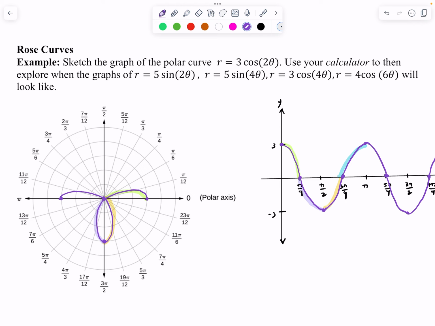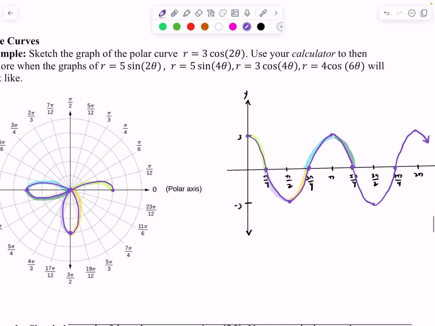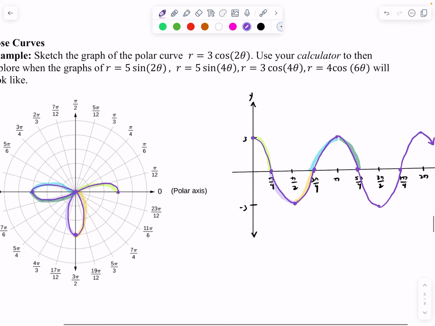Okay, r is still positive between pi and 5 pi over 4, and then at 5 pi over 4, r goes back to 0. Sorry, that was that part of the graph. And then we keep going. Once we start retracing over the graph, we know that we're done.